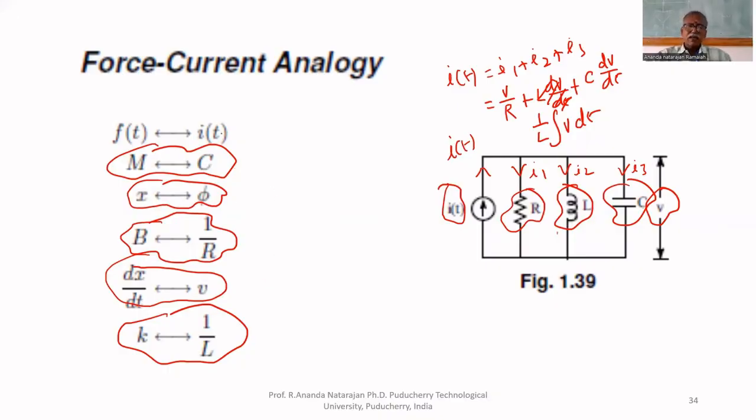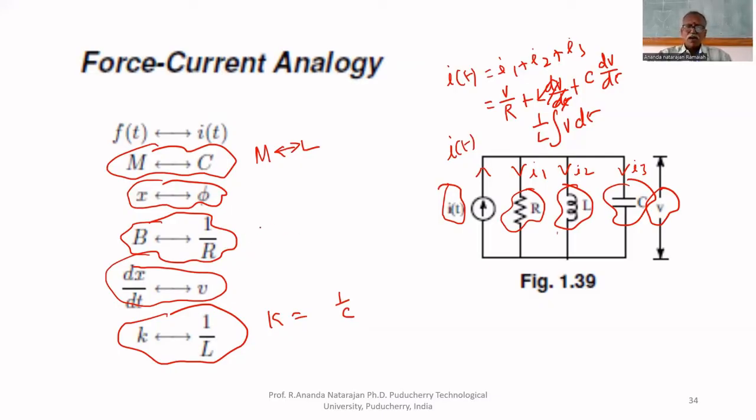But earlier, in the force voltage analogy, M is identical to L. Similarly, K is identical to 1 by C. Here it is 1 by L. That is the only difference.